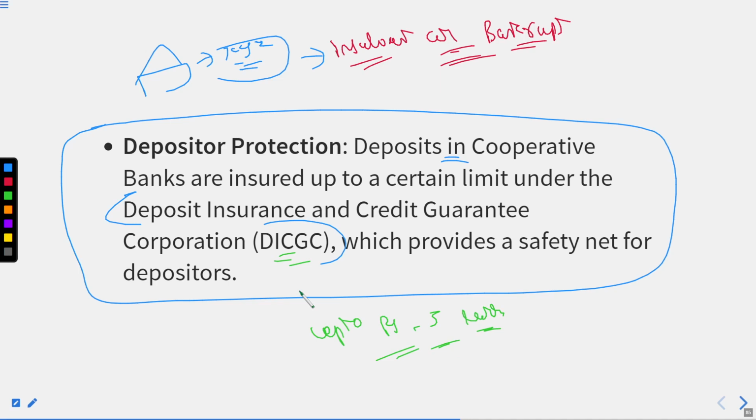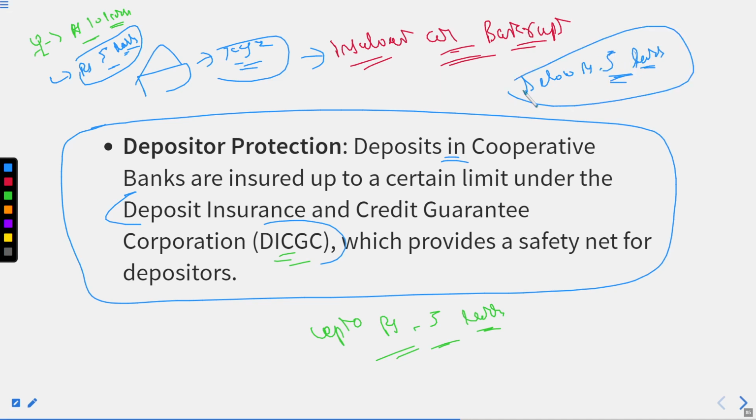Okay, it means that if someone had deposited rupees 10 lakhs in the XYZ, and the XYZ becomes insolvent or bankrupt, in certain cases, this person will get up to rupees 5 lakhs back. Okay, but if some person had deposited an amount below rupees 5 lakhs, he will get the entire amount back.